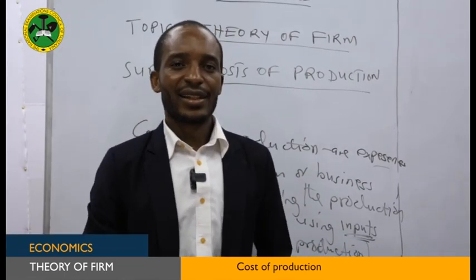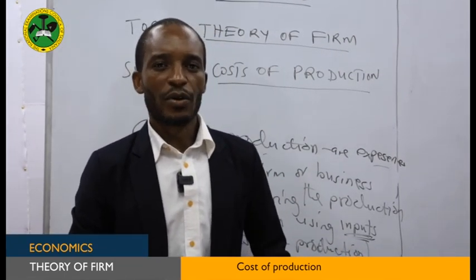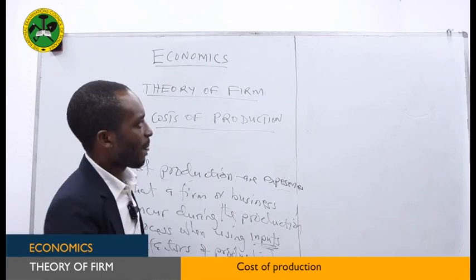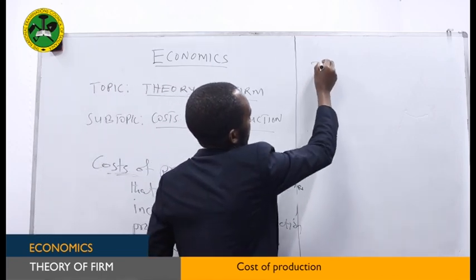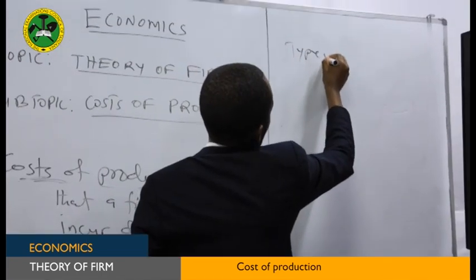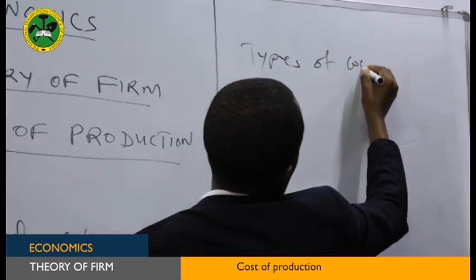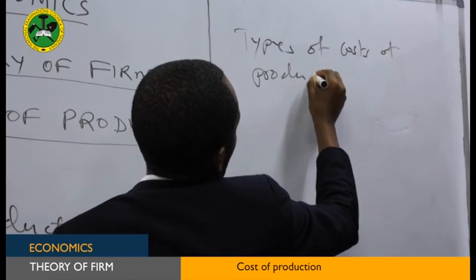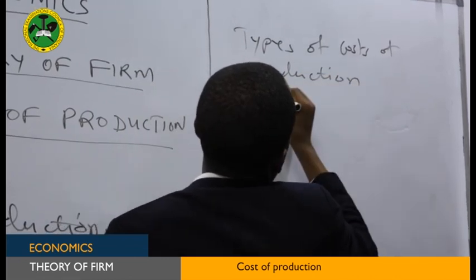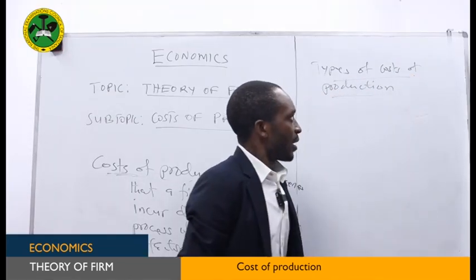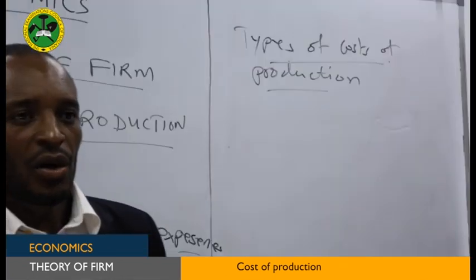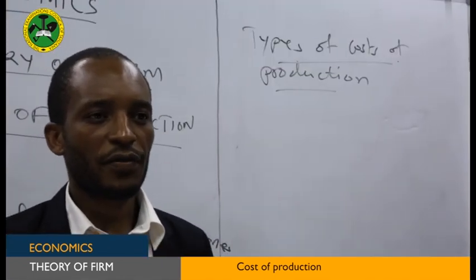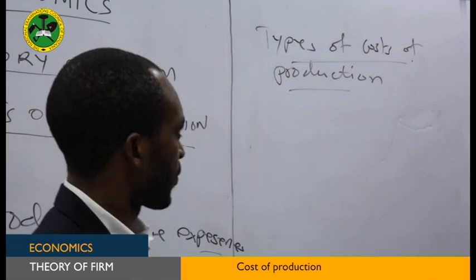Now let us see the types of cost of production. Here we'll discuss two types of costs.